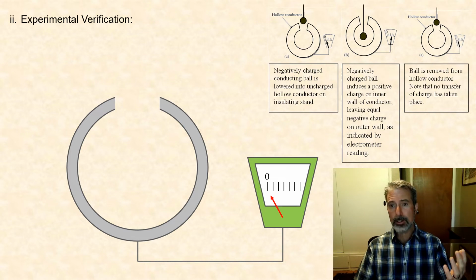Remember that the electrometer is, as an instrument, a high impedance voltmeter, so that it can measure the charge on some object without altering the charge distribution of that object in any significant way. So we assume here that the electrometer is electrically connected to the outer surface of the conductor, so that when it measures the charge on this outer surface, it can do so without altering the charge on that outer surface.